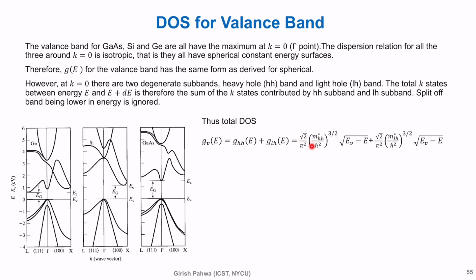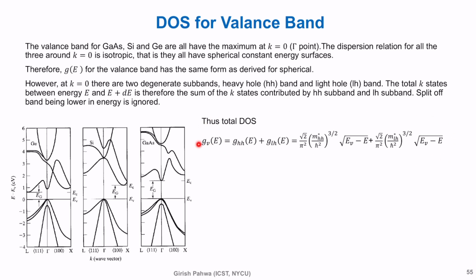The formula is this, but instead of M star here, I have MHH star, heavy hole, and for the light hole, I will have MLH star here, right? And of course, it is the valence band, so you don't have E minus E naught, you have E naught minus E. So EV minus E and EV minus E. That's the total density of states.